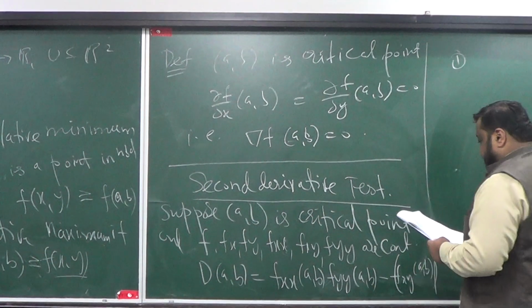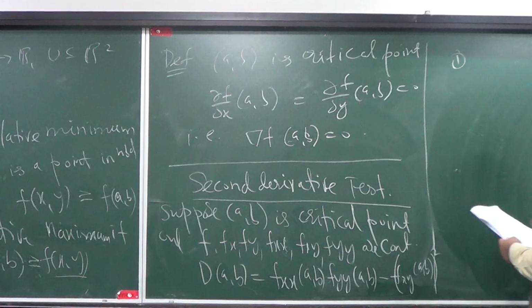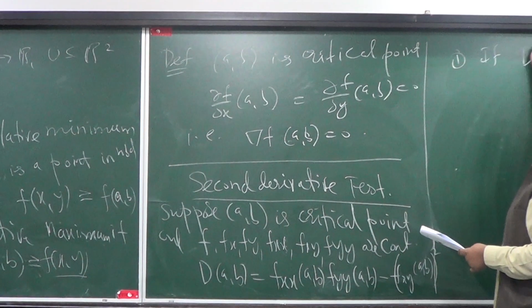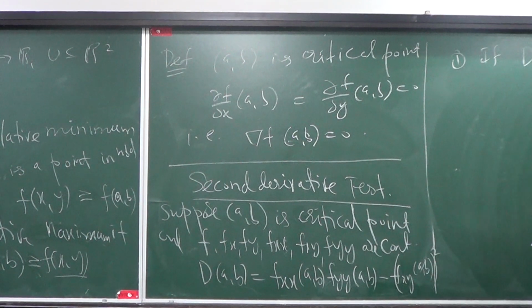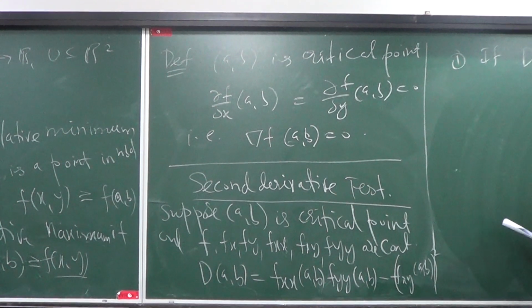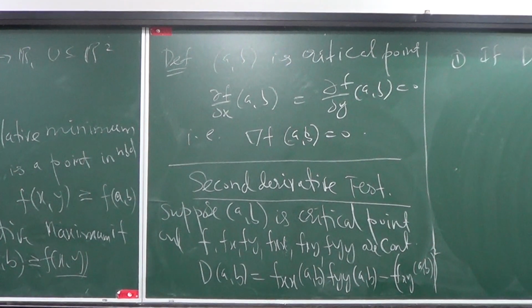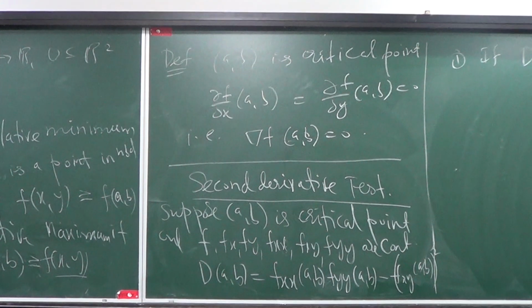Number one: if for a point (a, b) this quantity D is positive, in other words D of (a, b) is positive, then this (a, b) is a relative minimum.